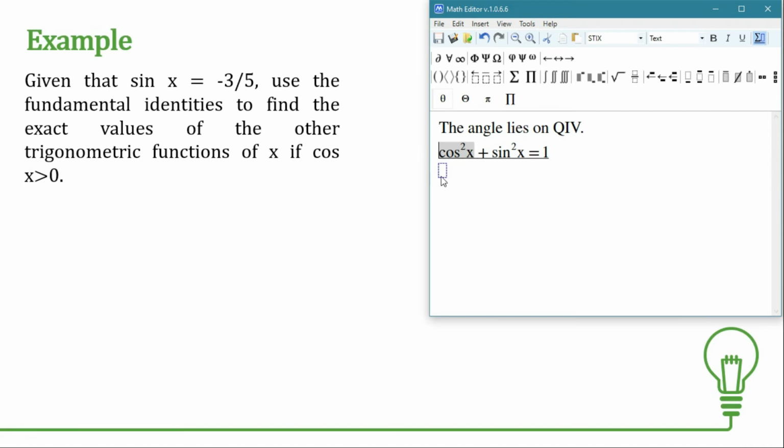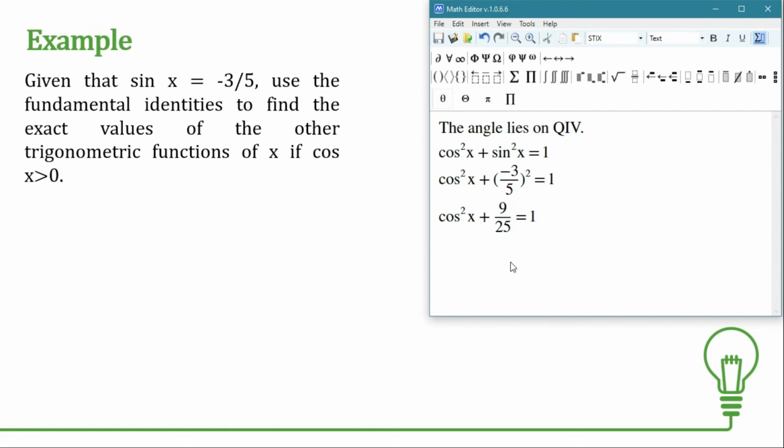Alright, what we're going to do is just to substitute. Okay, so cosine squared x plus, ano bang sine natin? That is negative 3 over 5. So, substitute it as negative 3 over 5. So, we have down there the square of negative 3 over 5 equals 1. And then, simplifying this, the square of negative 3 over 5 is actually equivalent to 9 over 25 equals 1.